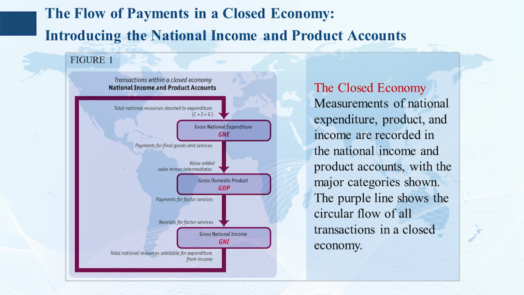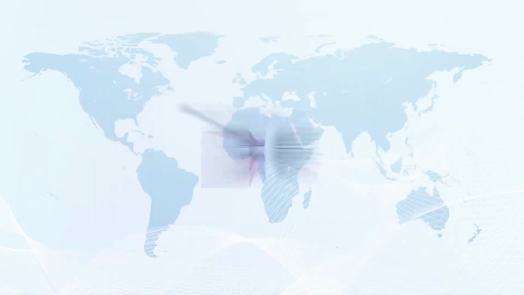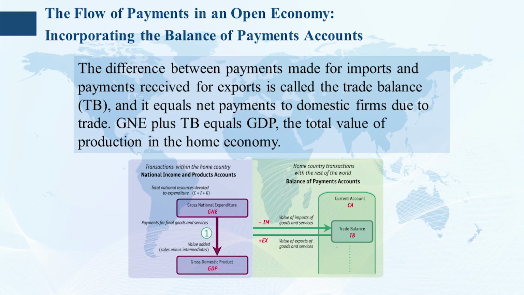We also start at the top with the home economy's gross national expenditure, GNE. In an open economy, some home expenditure is used to purchase foreign final goods and services. At point 1, these imports are subtracted from home GNE because those goods are not sold by domestic firms and are not part of home GDP. In addition, some foreign expenditure is used to purchase final goods and services from home.